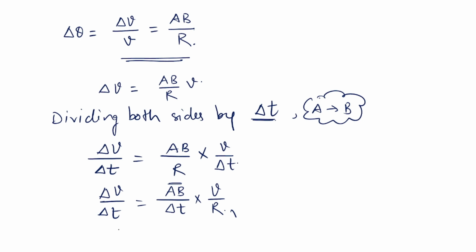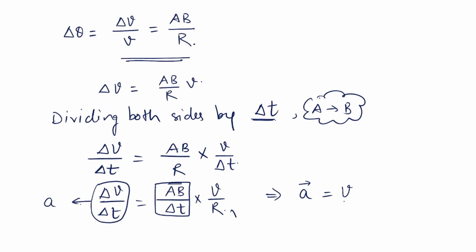So here delta v by delta t, what does it represent? It's acceleration. So we can write acceleration a is equal to AB by delta t. What does it represent? AB by delta t represents velocity.